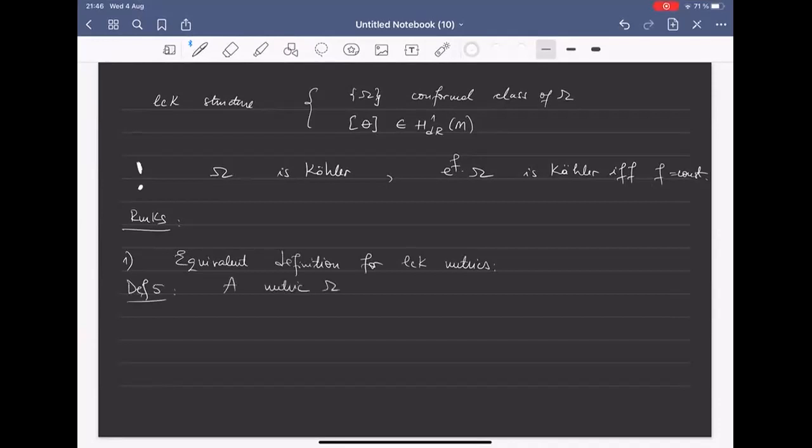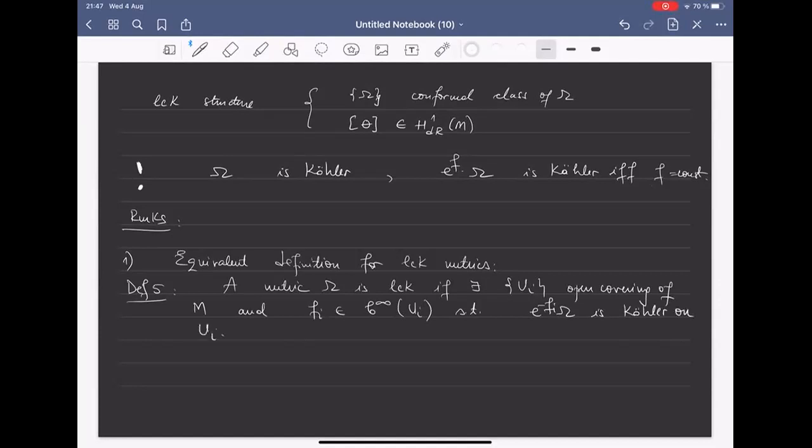A metric omega is LCK if there exists a covering with open sets of the manifold M, and there exist some smooth functions on each of these open sets, such that omega multiplied with some suitable conformal factor is Kähler on each of these patches.